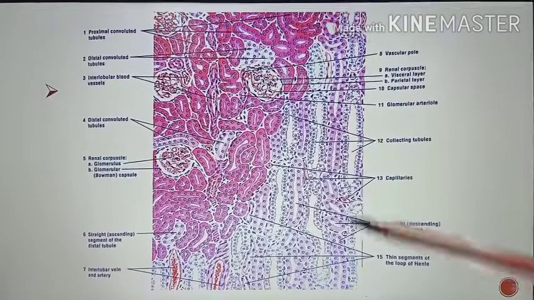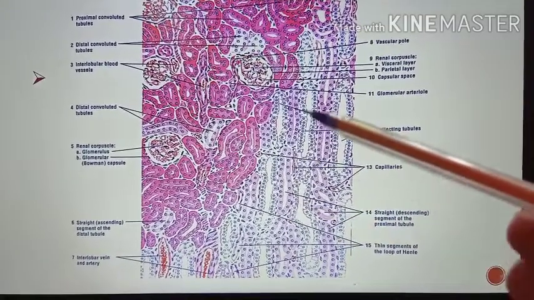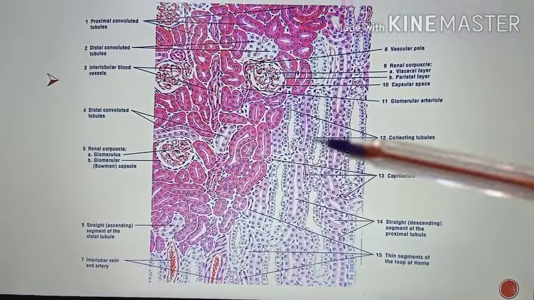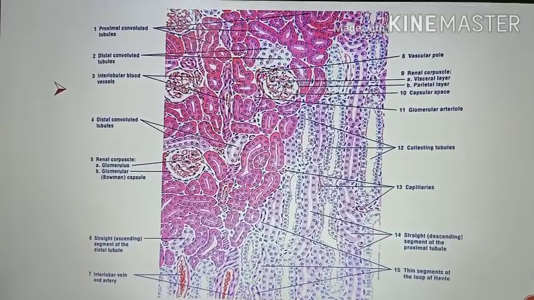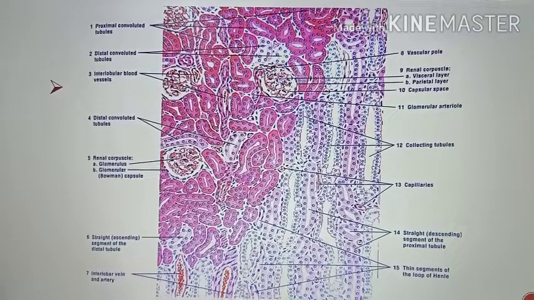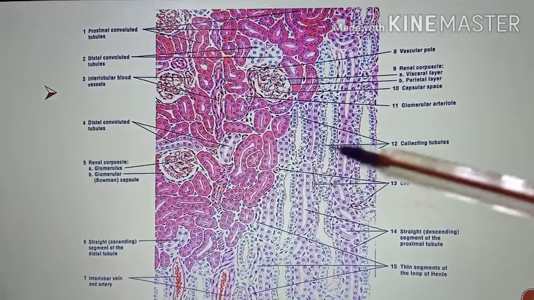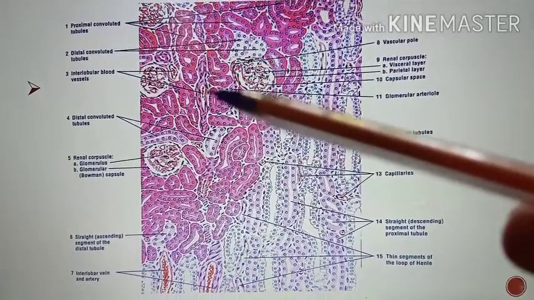In this picture, all these are the collecting tubules. The collecting tubules are lined by cuboidal cells and the ducts are lined by columnar cells. The collecting system has pale staining cytoplasm, as seen in the collecting tubule compared with the proximal convoluted tubule.